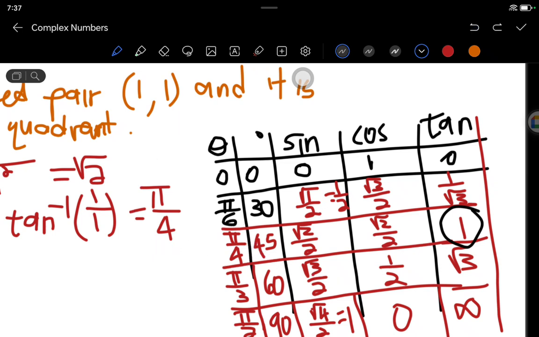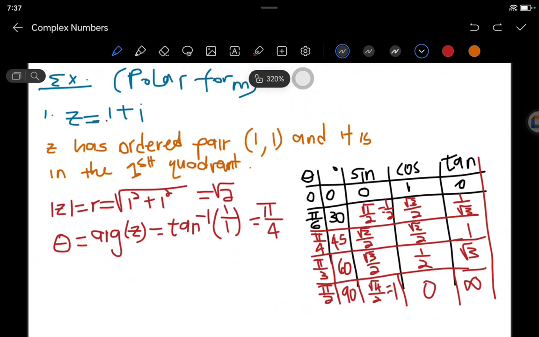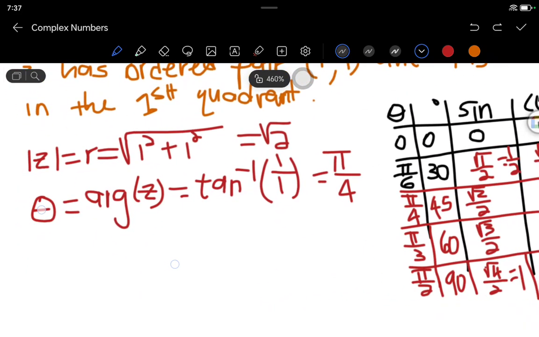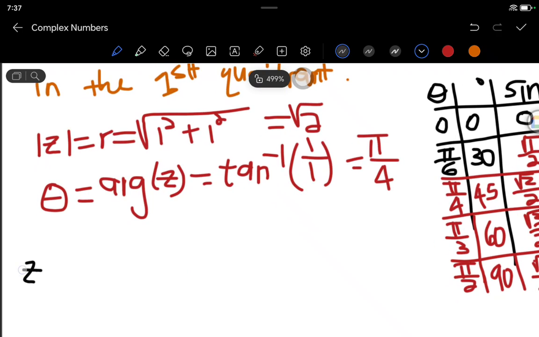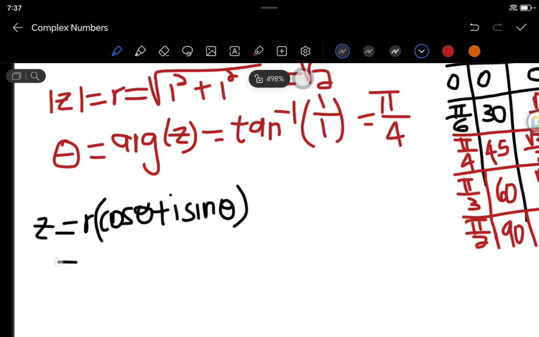Now we say this. We have the argument, we have r. It means that now we can express z in the form of r cos of theta plus I sine of theta in polar form. Our r is root of 2.